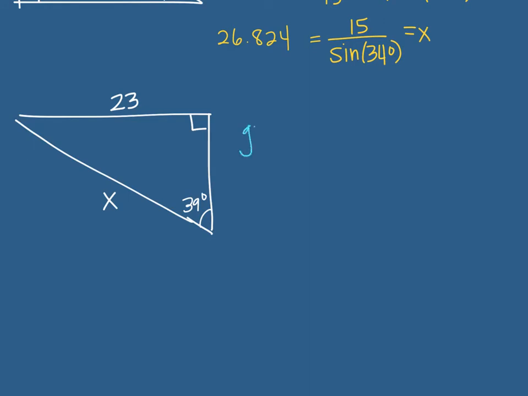Look at what you're given. Okay, I was given beta. Across from beta, I was given the opposite again. And I was given hypotenuse again. Okay, because 23 is opposite of 39.